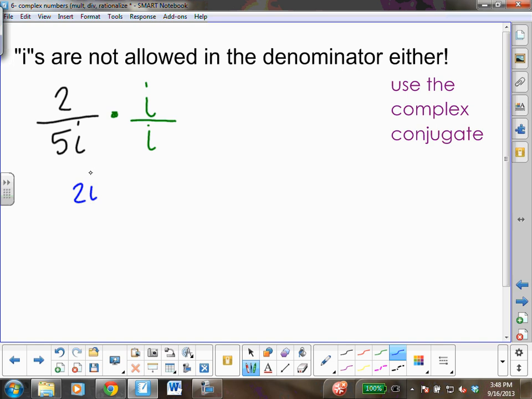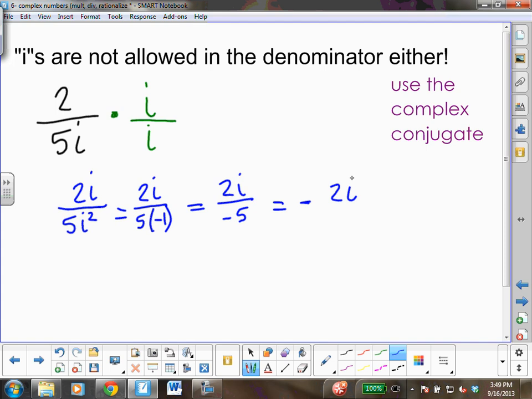So this becomes 2i over 5i squared, which means the top of the fraction is still left with 2i. The bottom of the fraction is 5 times negative 1, which is negative 5. So we have 2i over negative 5, or you could say negative 2i over 5.